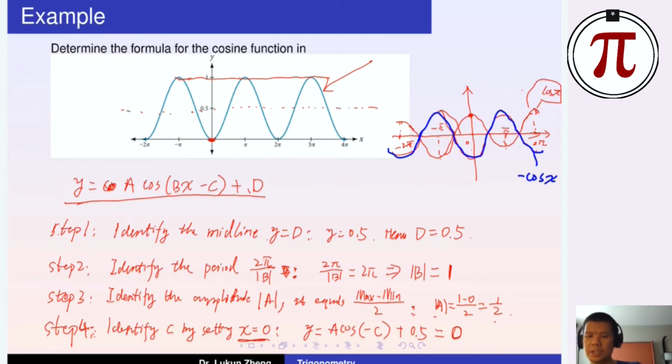You can see that at point 0, negative cosine x has a minimum extreme value, a local minimum, which is close to this one.